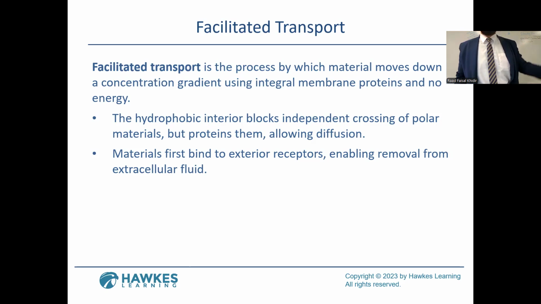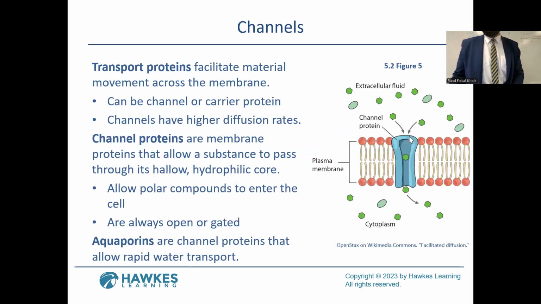Glucose transporters allow for the entry of glucose down the concentration gradient through these channels, these protein tunnels, these integral transmembrane proteins. They must first bind to exterior receptors, enabling the removal from the extracellular space and their admission into the inside of the cell. There you go.